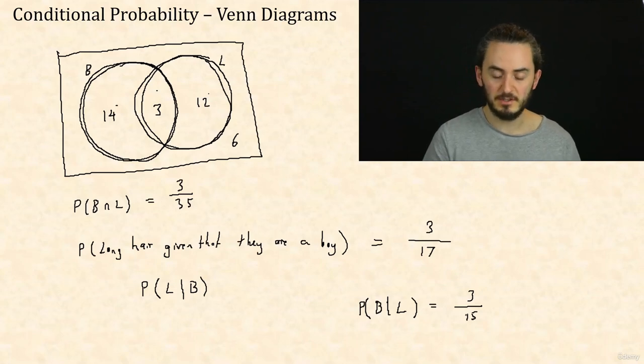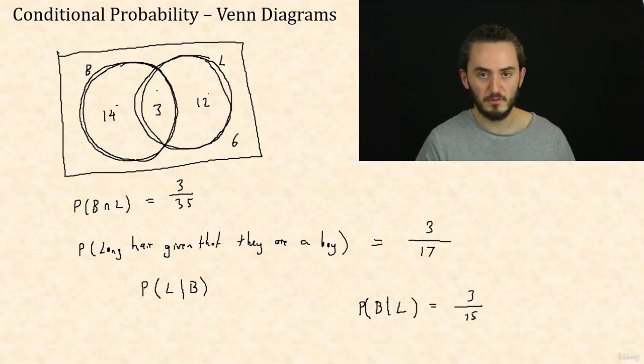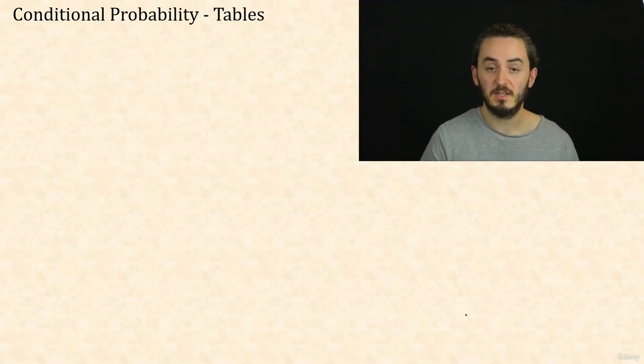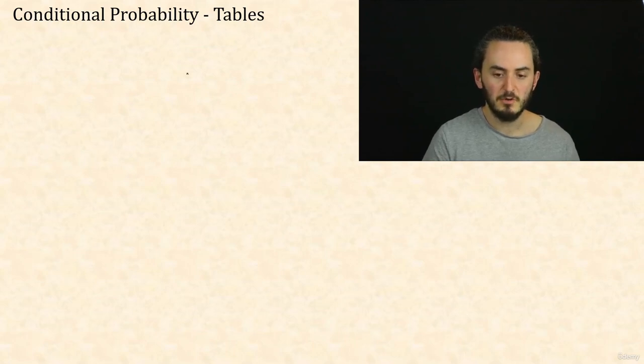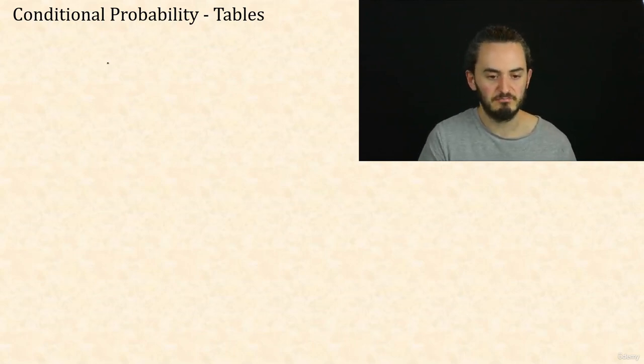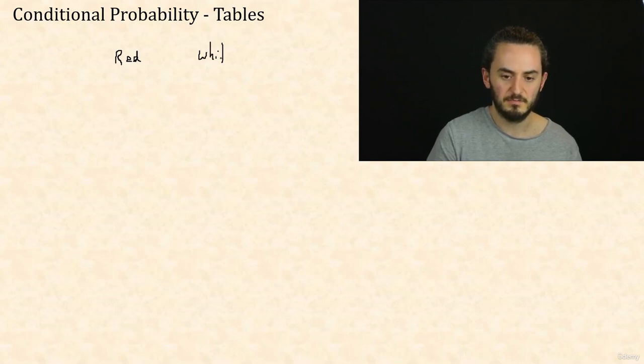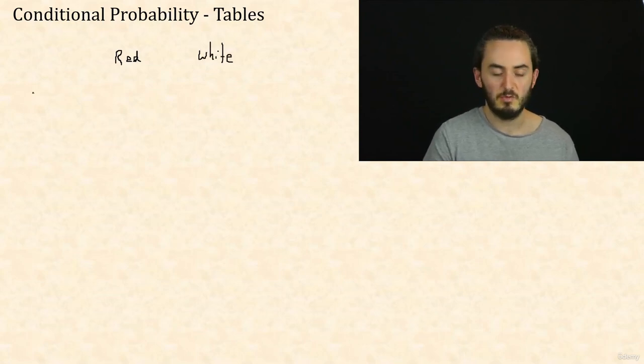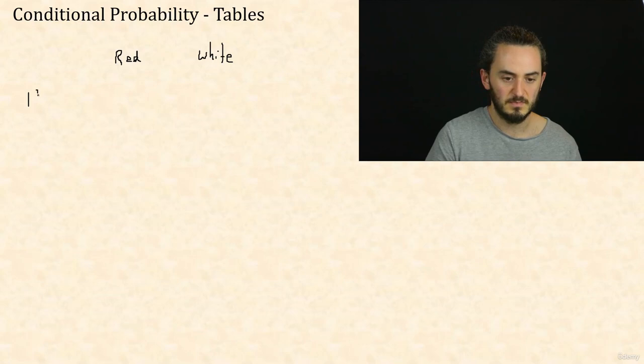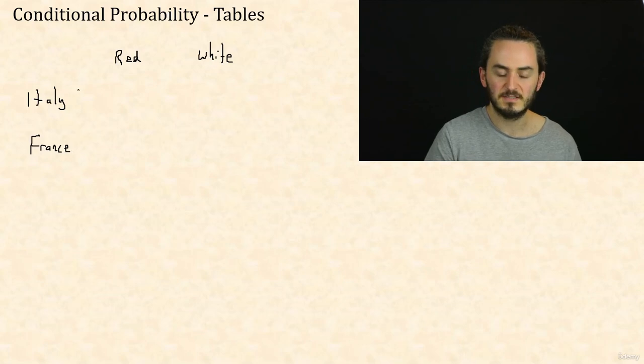Okay, that was Venn diagrams, a kind of intuitive look, no formulas yet. Let's have a look at tables. Suppose I have an extensive wine collection. Some of my wines are red and some of my wines are white. And some of my wines come from Italy and some come from France. I'm very particular.